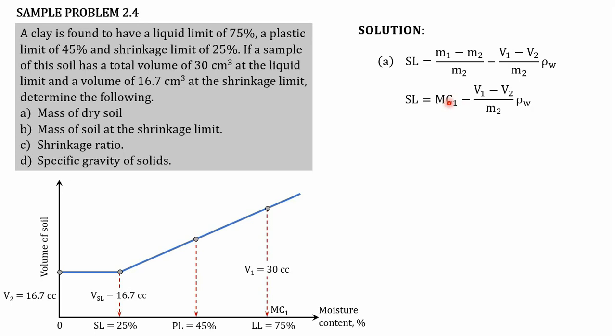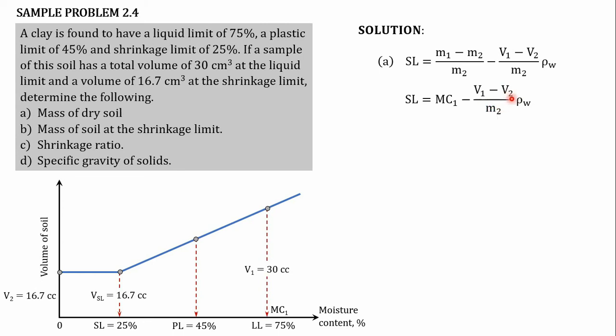We know that MC1 is 75% and shrinkage limit is equal to 25%. We have the initial volume which is 30 cubic centimeter, and the volume of dry soil is 16.7 cc. Using this equation, we have only one unknown, so we can directly solve M2 or the mass of dry soil.